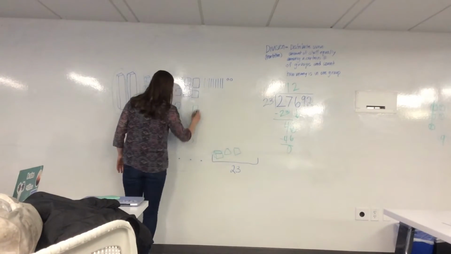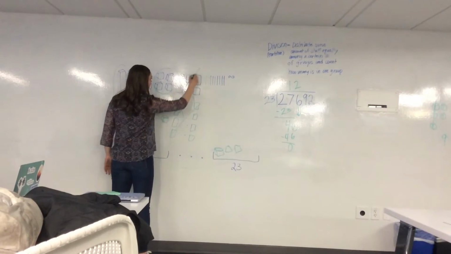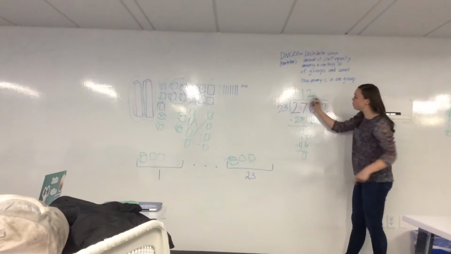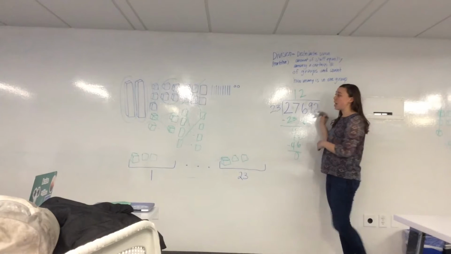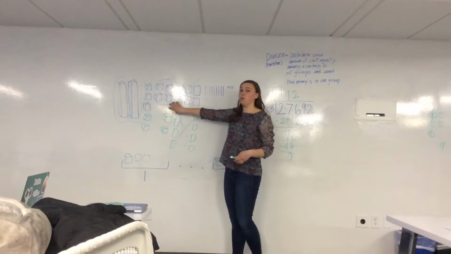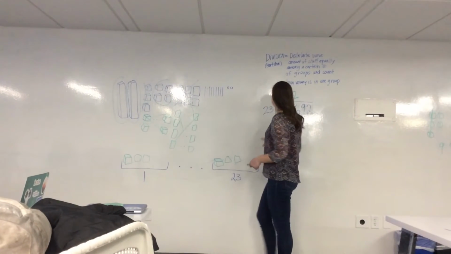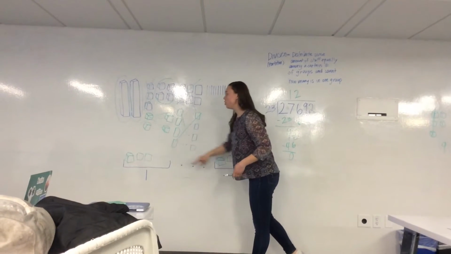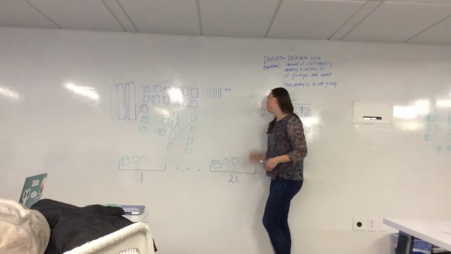So all of these flats were accounted for. The reason we just did 2 times 23 and not 12 times 23 is because, again, we're only considering that unit. We only considered the flats in this situation, and we gave 2 to each. We didn't give 12 to each group.